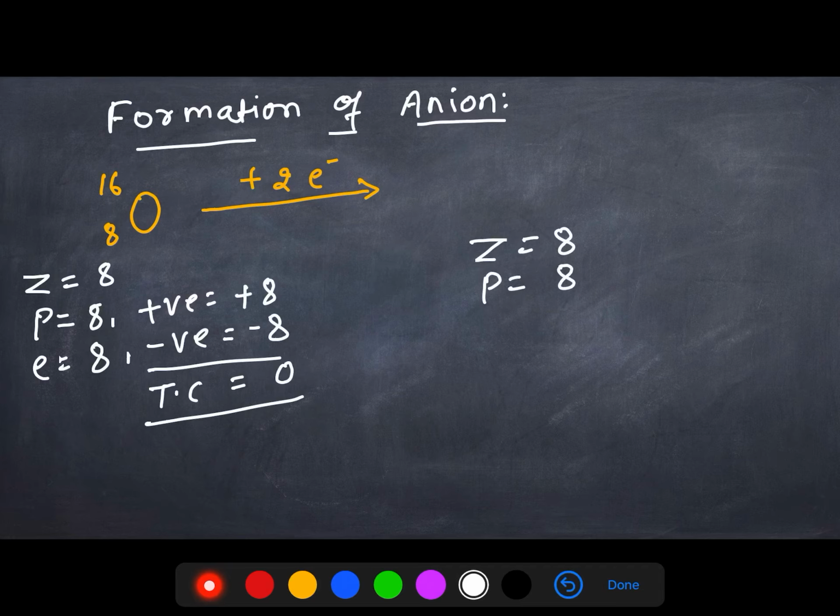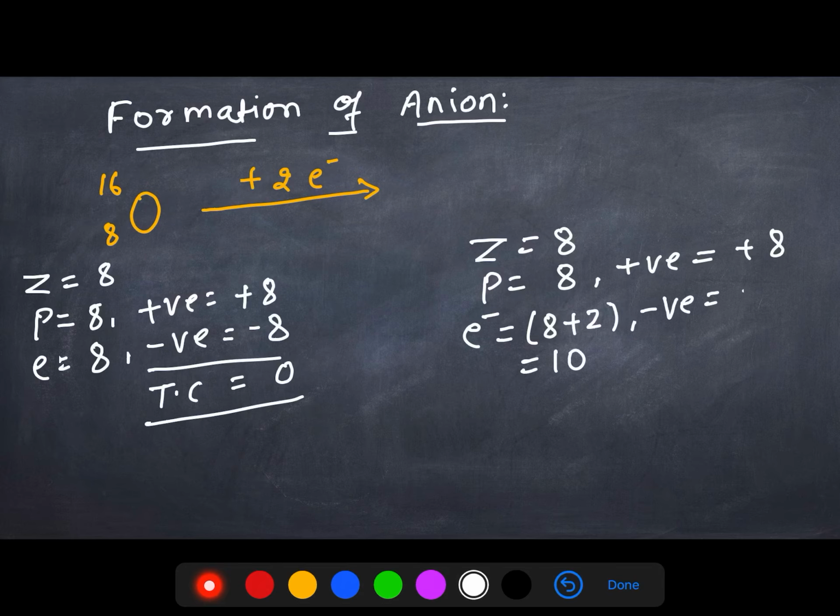After the gain of 2 electrons, what happens? The atomic number does not change, we know that. If the atomic number does not change, the protons do not change, and so the positive charge because of 8 protons will remain the same. But did the number of electrons change? Yes, it changed. Now you have 2 extra electrons because oxygen gained 2 more electrons, right?